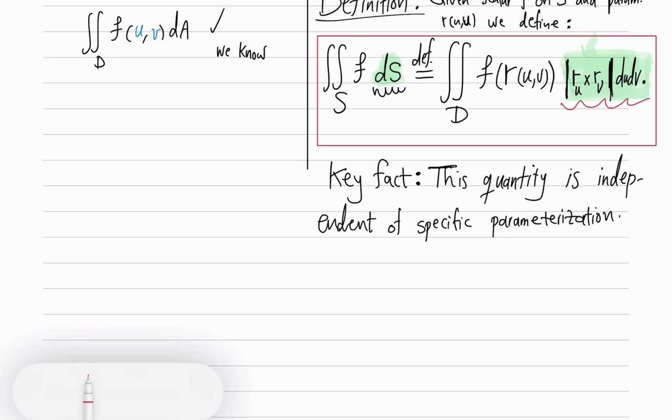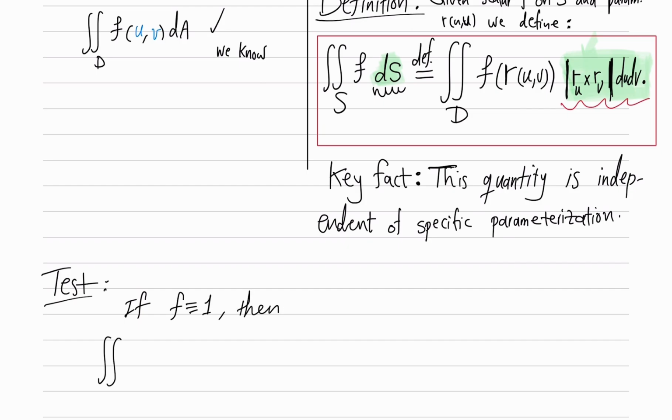So a test. If f is the constant function 1, then the integral of 1 over the surface will equal the integral over the parameterization domain of the magnitude of r_u cross r_v, du dv.